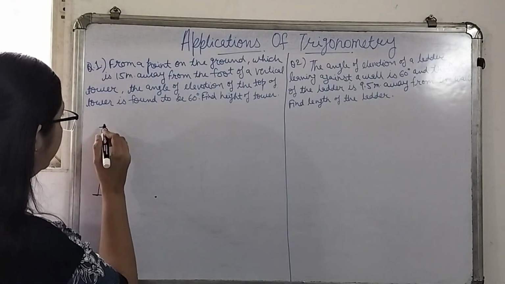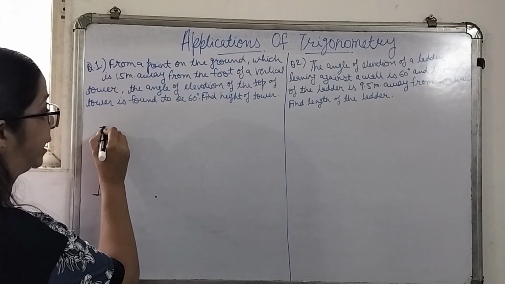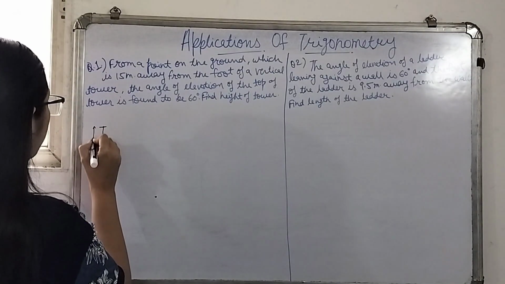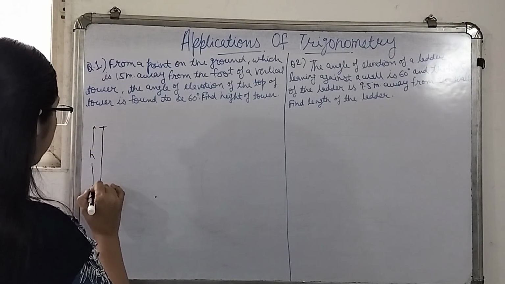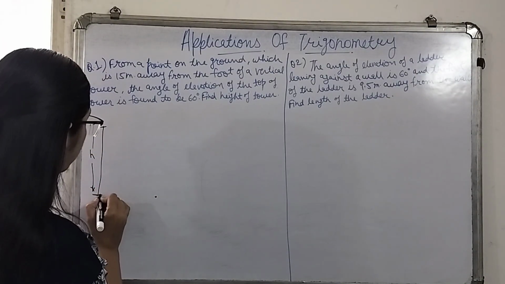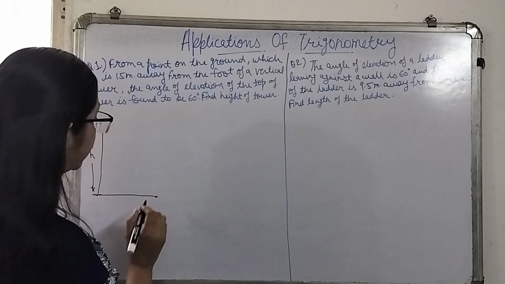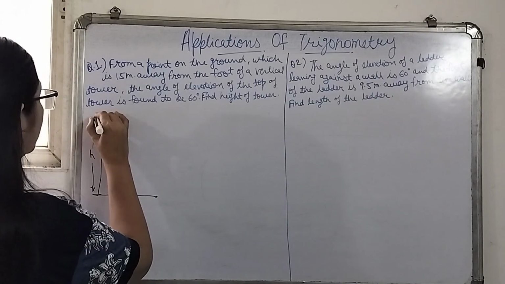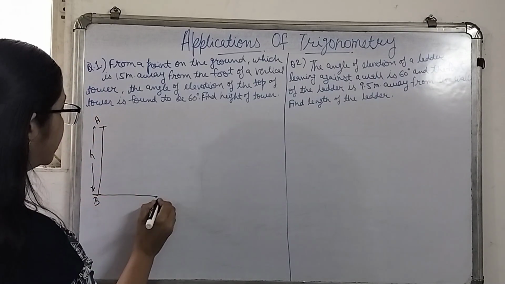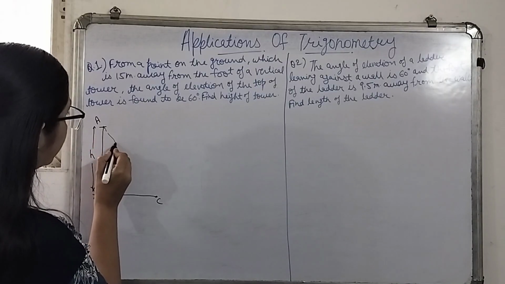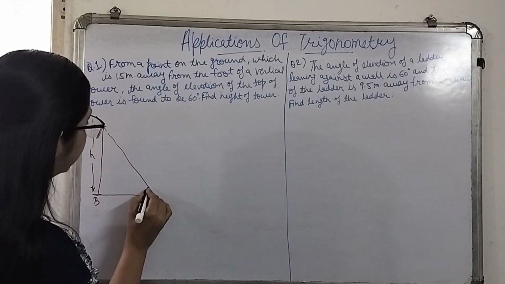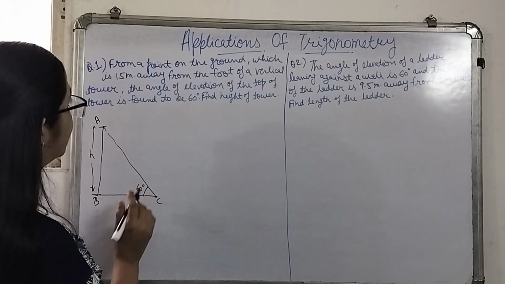So we are assuming that this is the tower, and this is the height of the tower. Suppose the height of the tower is h and the observer is observing from here. Suppose this is A, this is B, this is C, this is the line of sight, and this angle is 60 degrees given to us.